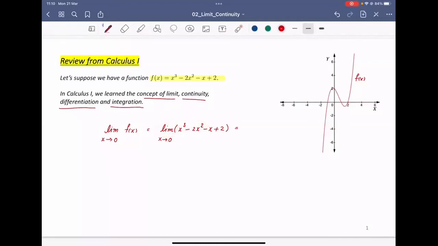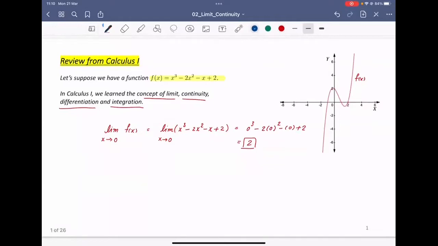At the end, it gives you the same result as plugging in the number 0. So you can think of this as 0 cubed minus 0 squared minus 0 plus 2, and at the end you get the number 2. Which means the limit of f(x) where x goes to 0 is equal to 2.